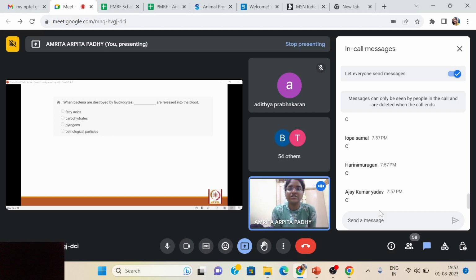Okay, can anyone answer what are pyrogens exactly? I can see many people are giving answer as C, but what are pyrogens exactly? Does anyone know? Please write down in the chat box. What are pyrogens?